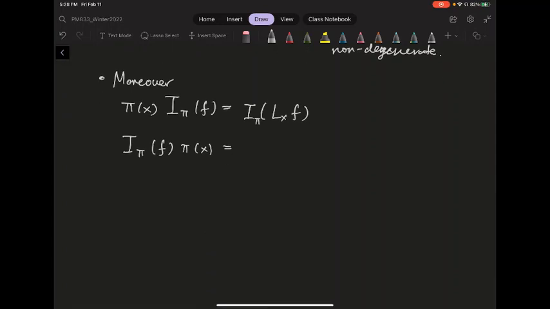So this is going to be equal to delta of x inverse times I pi of R_{x inverse} f, all right? So this is what we're going to prove. Actually, I shouldn't say pi, it should be a delta here, okay? It doesn't make sense to have a pi. It's the modular function, all right?